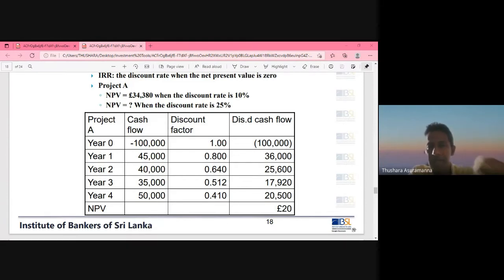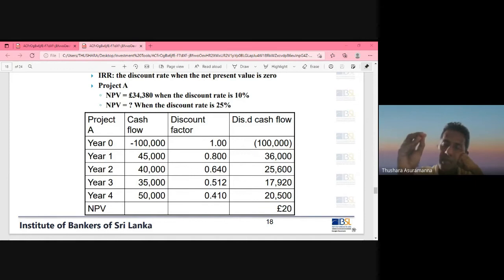Luckily here at 25% we got a near 0 NPV. If not, we need to select double or triple the interest rate compared to the first one, and compute NPV again to get a negative value. Then you have a plus NPV and a minus NPV, which you can use for this equation. So how are we going to compute the IRR?